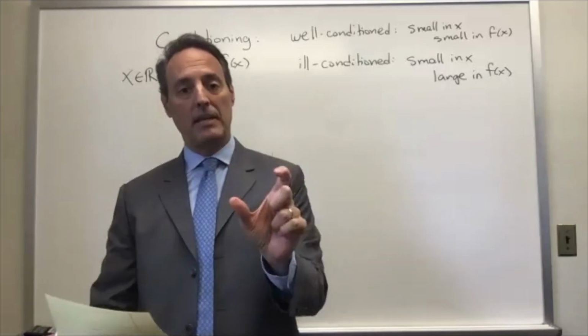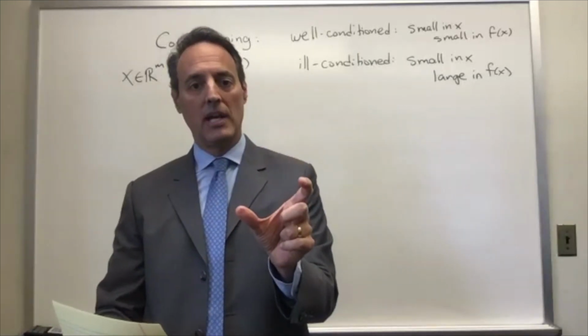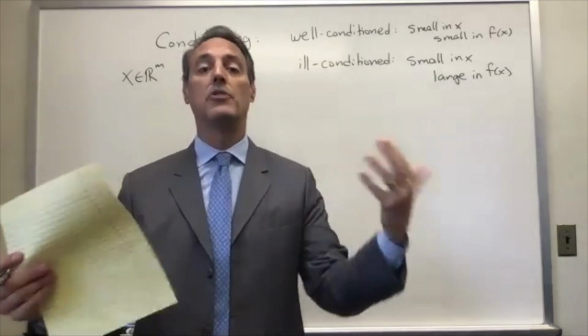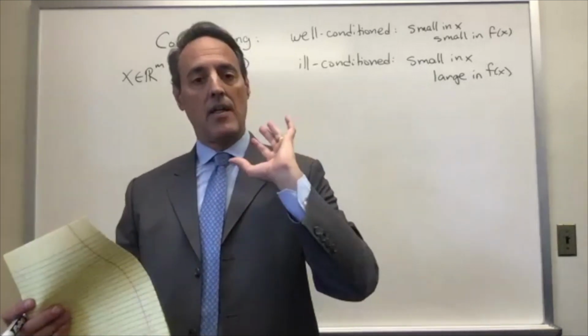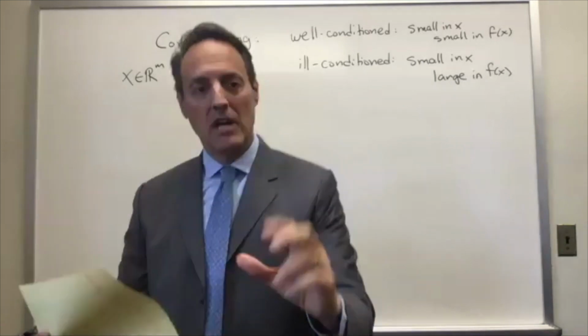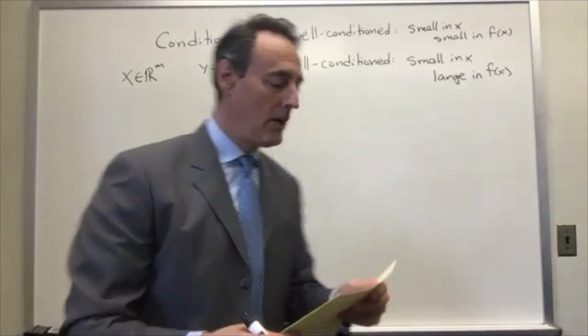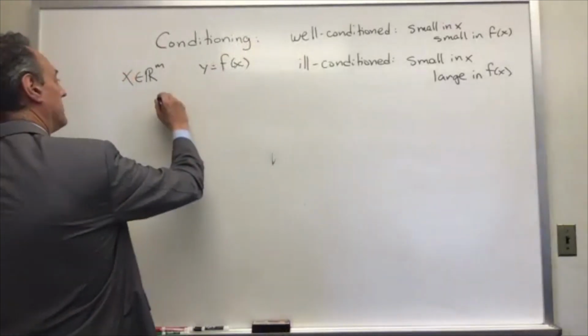If you use the absolute condition number, it can give you very different results depending upon the nature of your data. Whereas the relative condition number normalizes with respect to the data. So let me tell you about relative condition number.